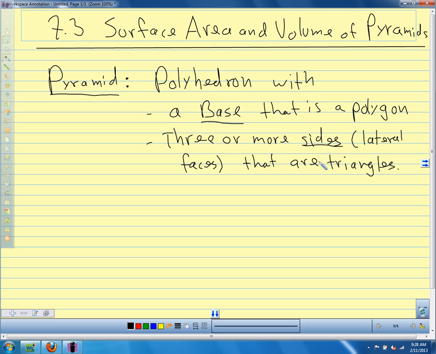So we have a polygon for a base, and we have three or more sides. If our base is a triangle, we have three sides, and then we go up from there. Three or more sides that are triangles.